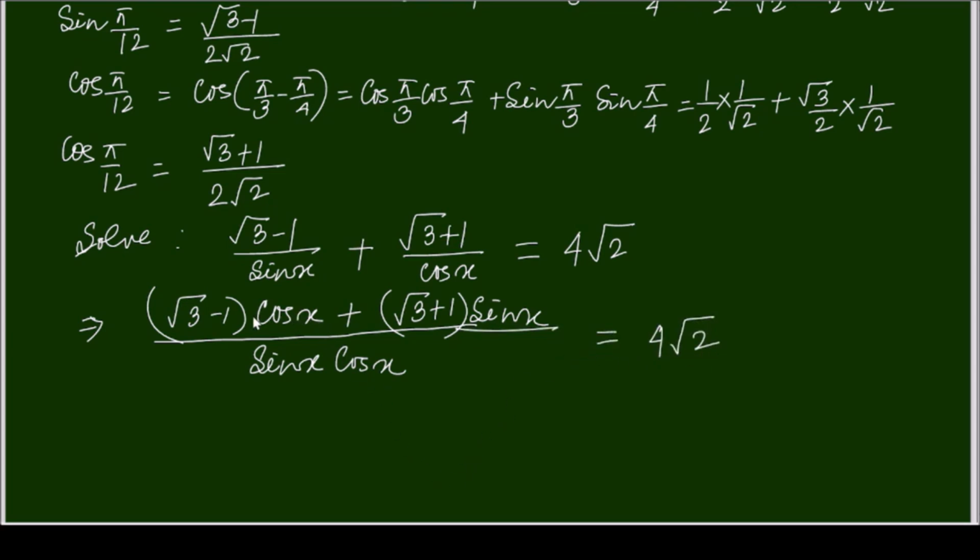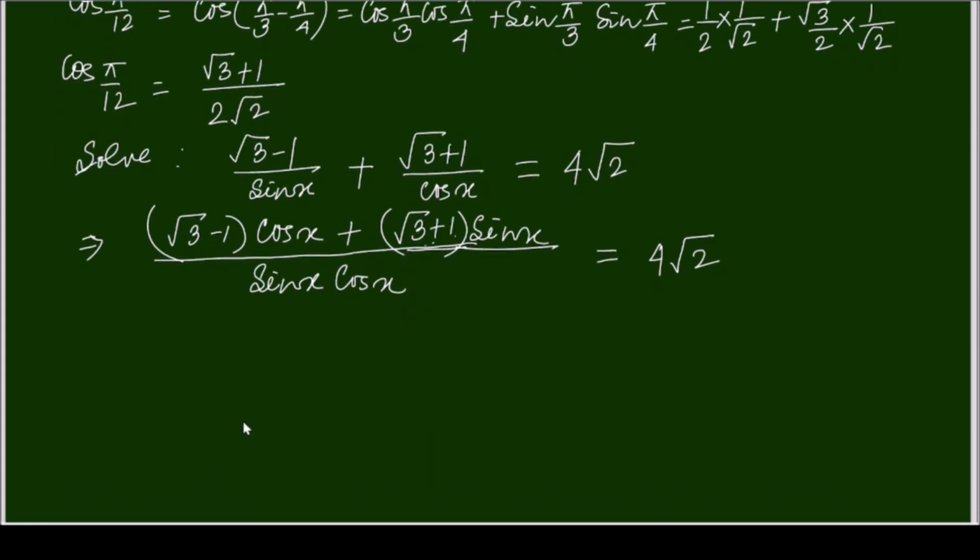Now see, for root 3 minus 1, I needed 2 root 2 in the denominator to make it sin pi by 12, and here also I needed 2 root 2 in the denominator of root 3 plus 1, so that I can write this as cos pi by 12. So I'll multiply both sides by 1 by 2 root 2.